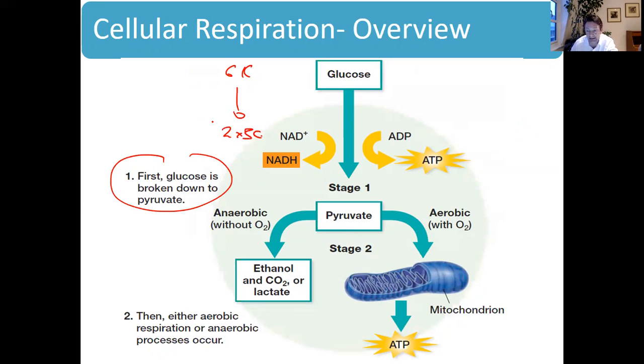Now this occurs in the cytoplasm. There's no carbon dioxide produced, there's no oxygen consumed. There's a small production of 2 ATPs. In fact, there's a production of 4 ATPs, but a consumption of 2 ATPs, and then there's also a production of 2 NADHs.